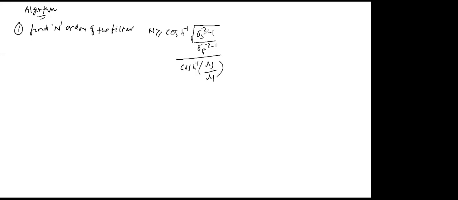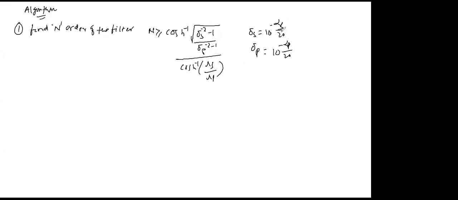Okay. Or you can put 10 to the power 0.1 alpha as you wish, no problem. In dB, delta_s equals 10 to the power minus alpha_s by 20 and delta_p equals 10 to the power minus alpha_p by 20. Okay.